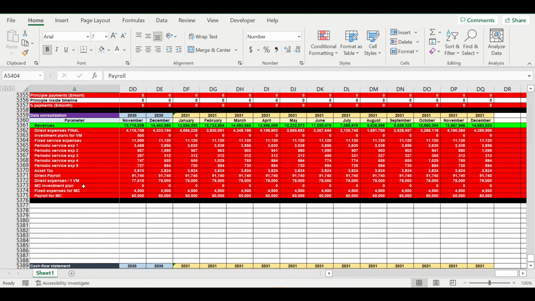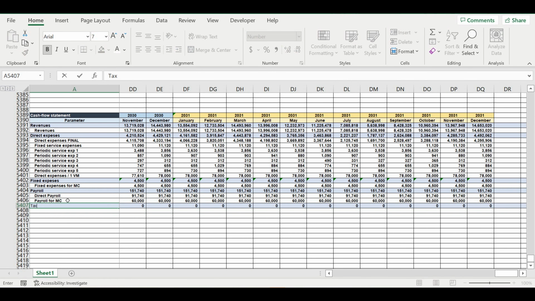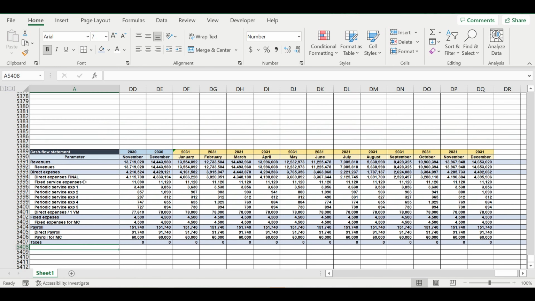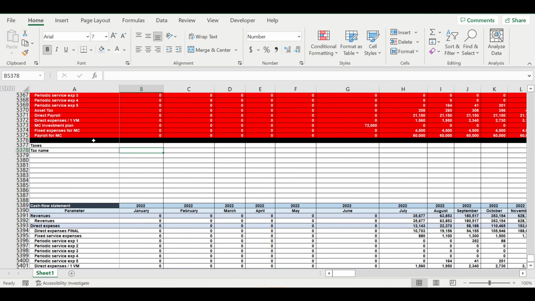Then what else? Then we are moving to taxes. We will create the block for taxes here. Taxes, then tax name, then rate.